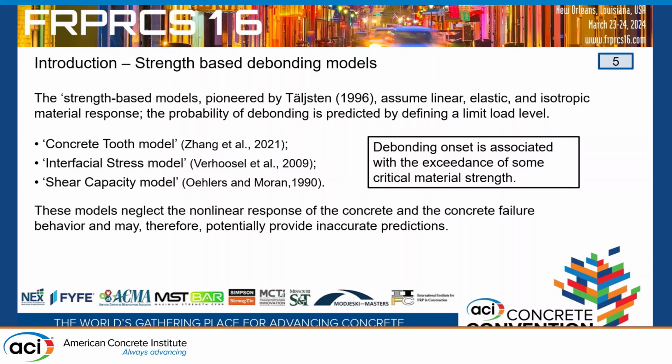Basically, within these models, the debonding onset is associated with the exceedance of some critical material strength, depending on the model. The drawbacks of these models are that they do not take into account failure in concrete and concrete failure behavior, concrete strain softening behavior.